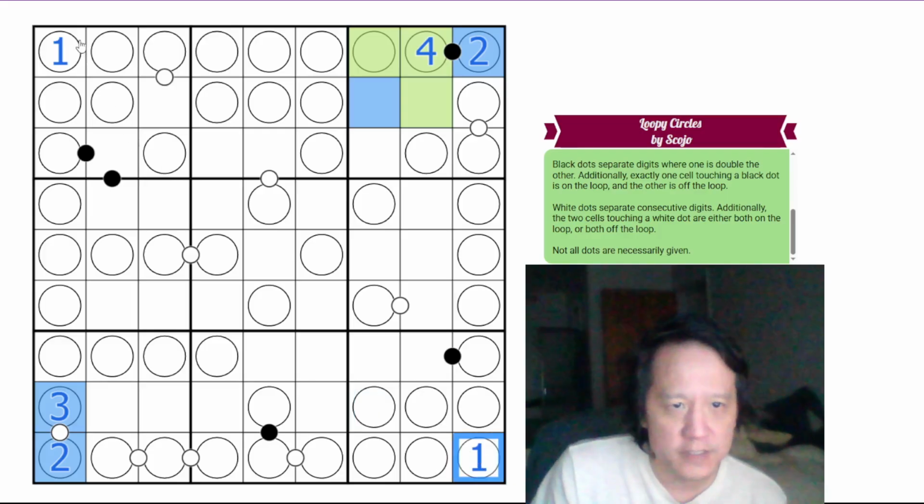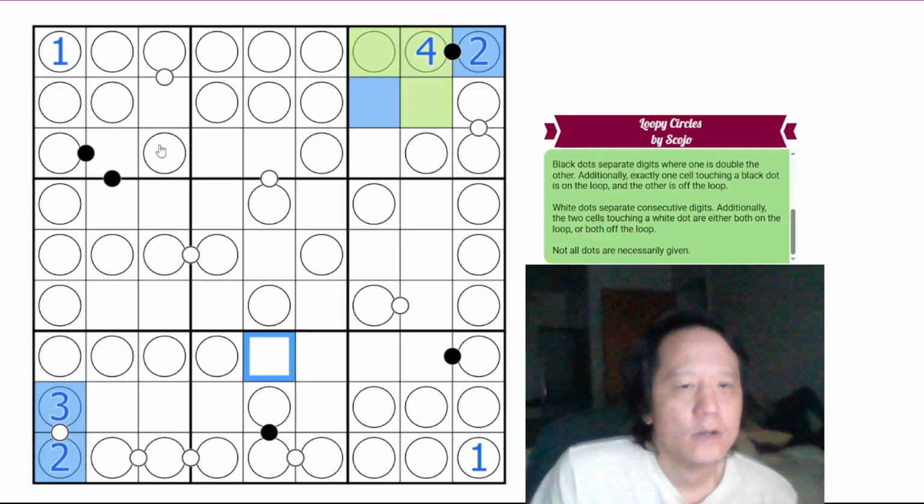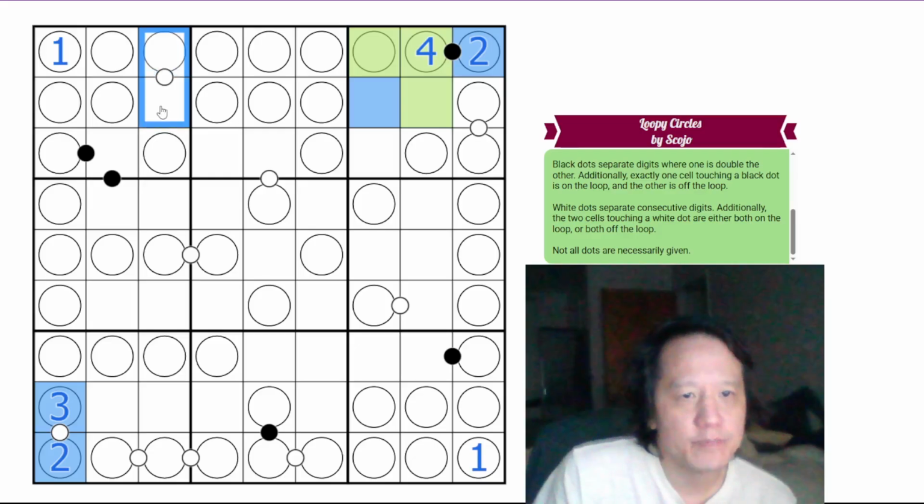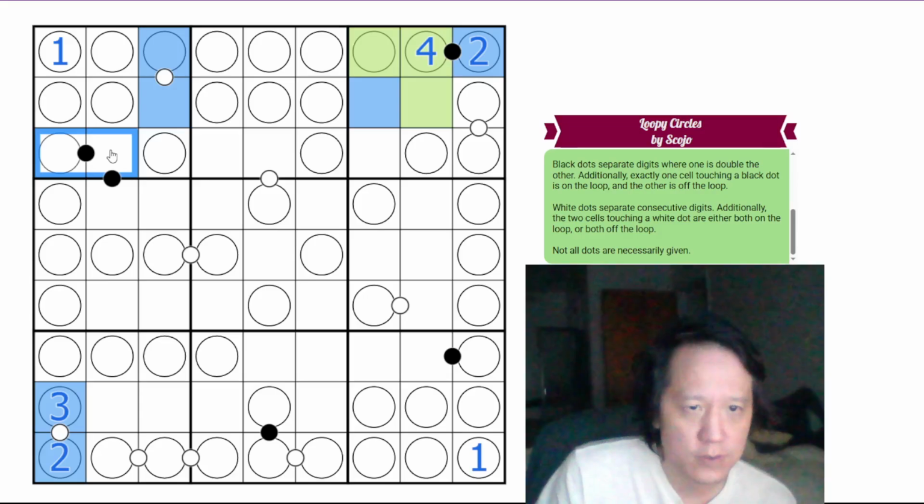One of these is going to be on the loop. We don't know which. Can this white dot be both off the loop? I think the answer to that is no. If this is both off the loop, one of these has to be on the loop.